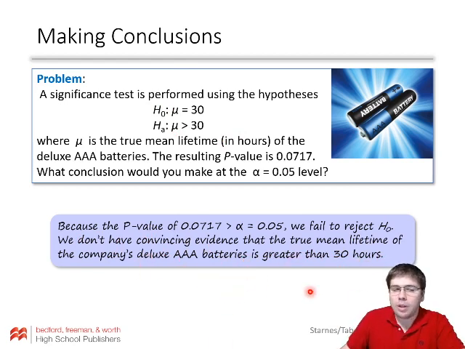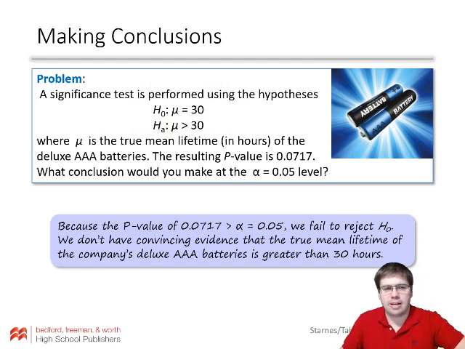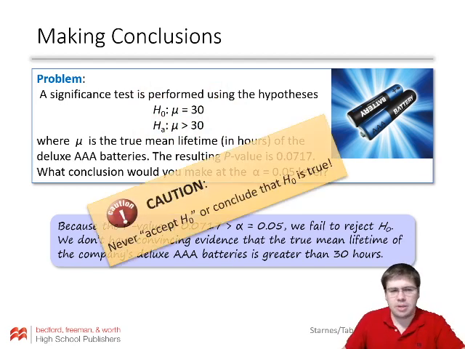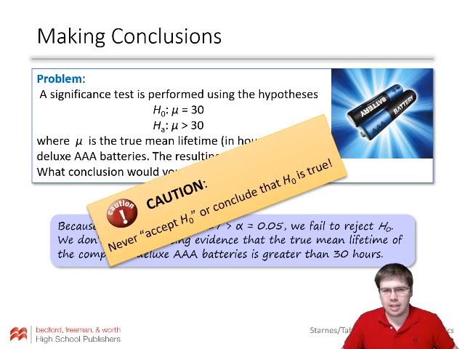One thing to note is that we didn't actually prove that it is 30. We just didn't have significant evidence for the alternative. We never actually prove the null hypothesis is true or even accept the null hypothesis. We just failed to find evidence for the alternative. It's really hard to prove equality. It's much easier to prove inequality, that it's greater than something, than that it's equal to something.